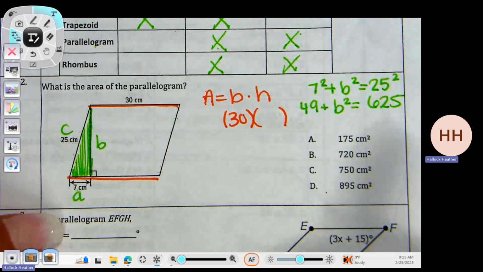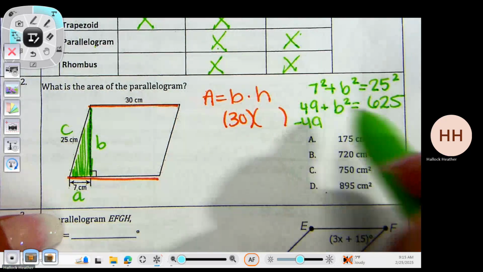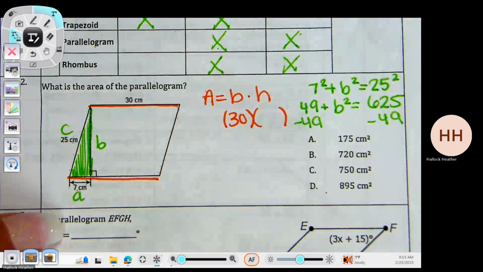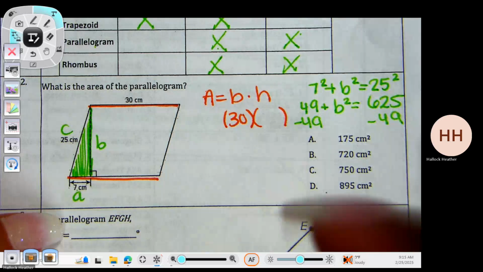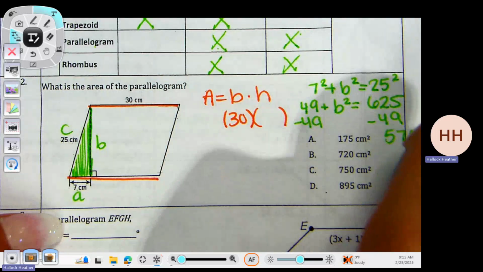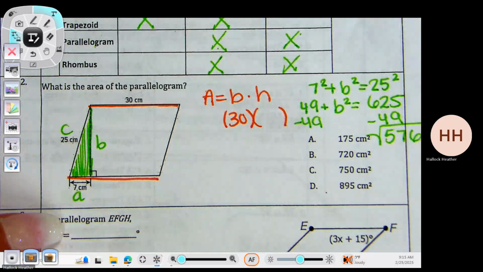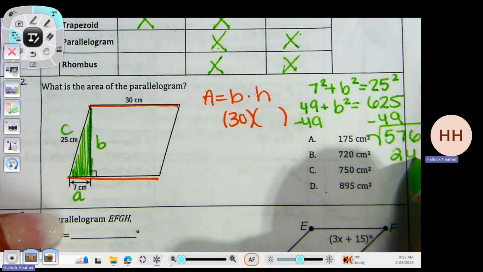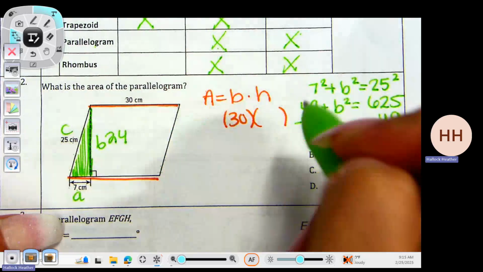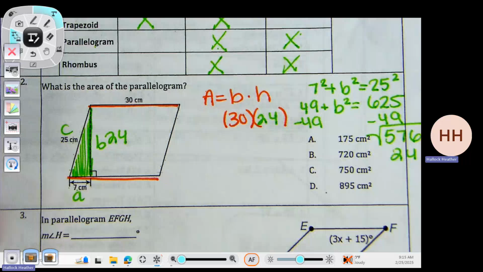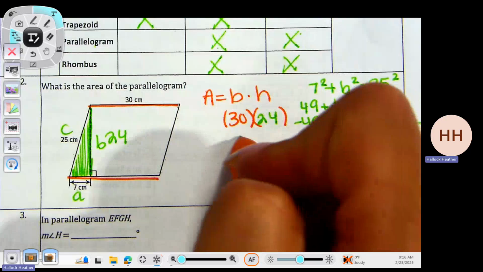I have to minus 49 from both sides. So I get 576, and then I have to square root it. So I get 24. So 24 represents my height. So I'm plugging 24 into my area formula. So 24 times 30 makes 720.